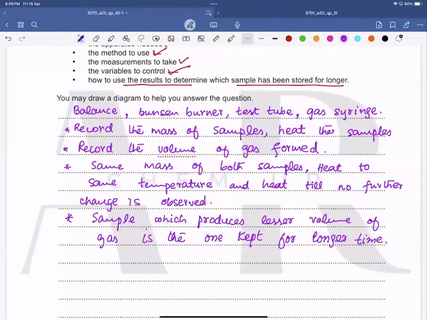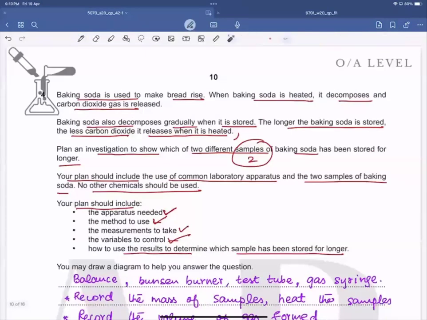What, Amal? How? Read this again. Baking soda also decomposes gradually when it is stored. The longer the baking soda is stored, the less carbon dioxide it releases when it is heated. So because we kept it for a longer time, most of the carbon dioxide has already been lost. Read this for the conclusion.